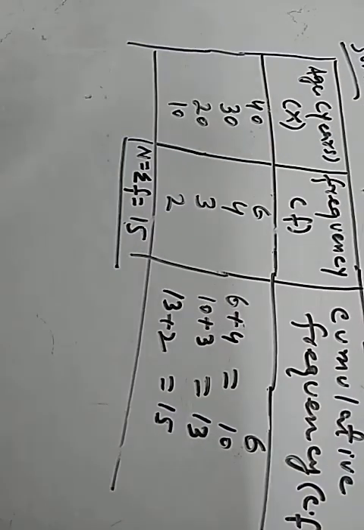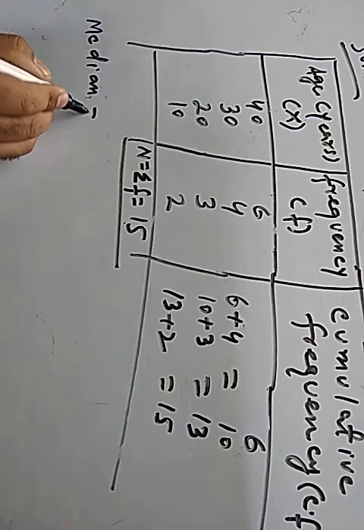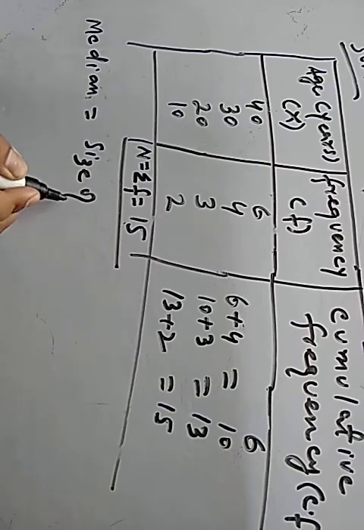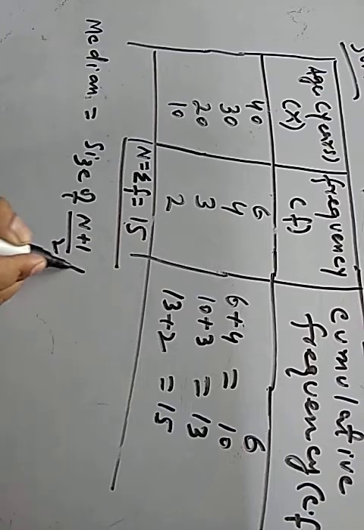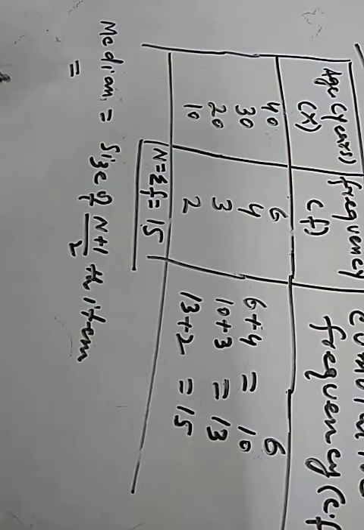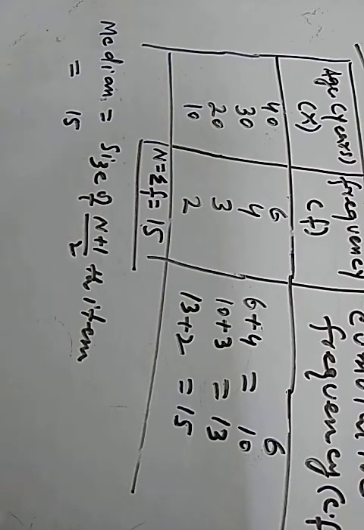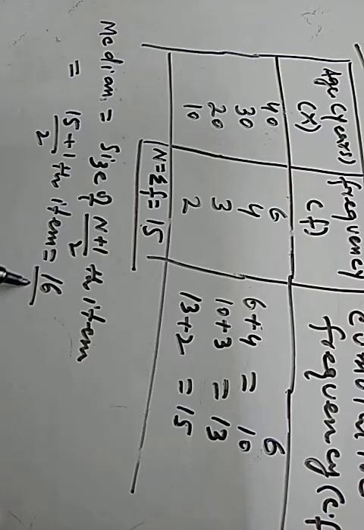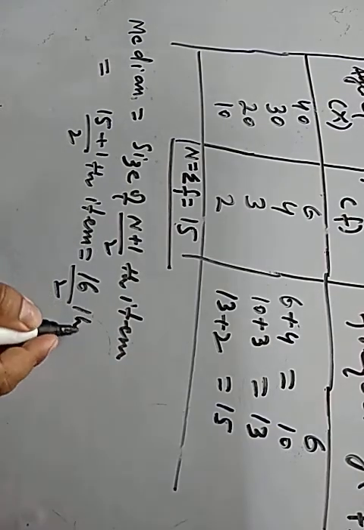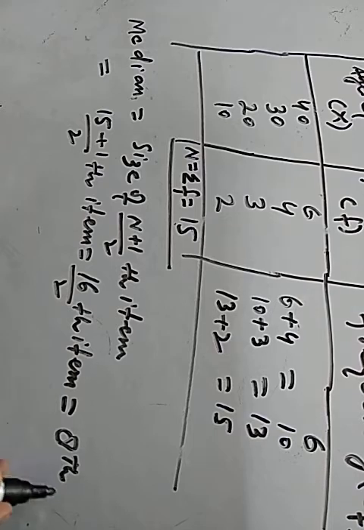Now we will apply the formula of median, which is equal to size of (n plus 1) divided by 2th item. n is equal to the sum total of frequency, which is equal to 15, so 15 plus 1 divided by 2th item, it will be equal to 16 divided by 2th item, and it will be equal to 8th item.